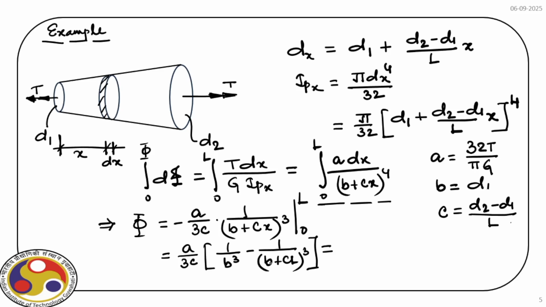And if you put the expression of ABC here, you get 32 T times L divided by 3 pi G (D2 minus D1) times (1 by D1 cube minus 1 by D2 cube).